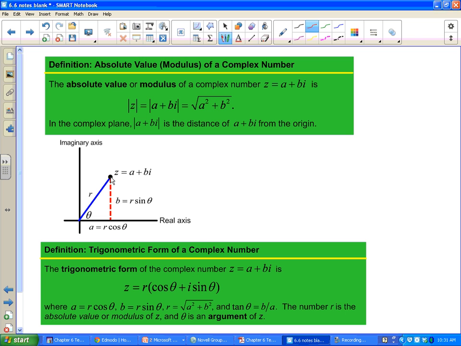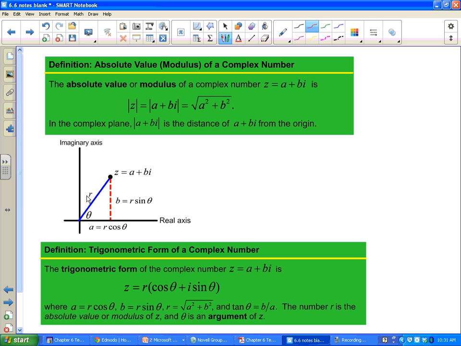This point, which is a plus bi, has a modulus right here that's the length of this blue line. We can call that line r. Then this red dotted line, which is the imaginary part of our number, the b right here: couldn't we make this into a right triangle and say that b equals r sine theta?